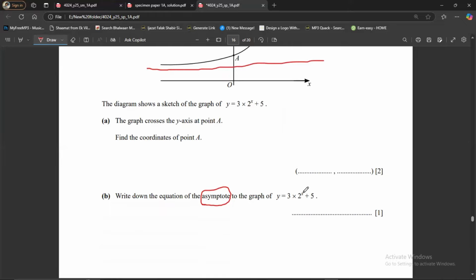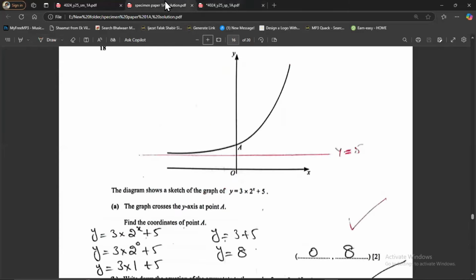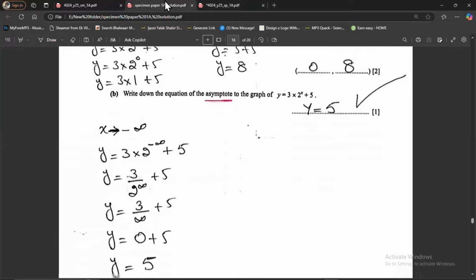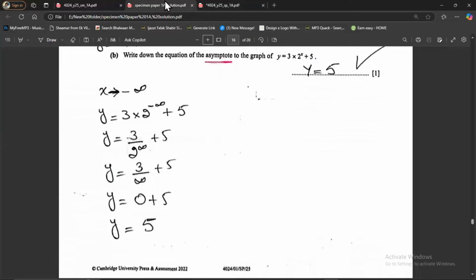This method is used in calculus. When the graph approaches that line, it is going on the negative side. So in the place of x, I will put minus infinity.